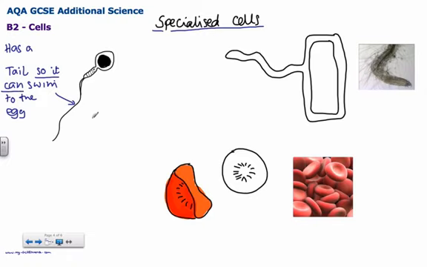Now this is a question you might see on a slightly higher demand paper, or a slightly higher demand section of the paper, and that's to do with this area here. Inside there are lots of sausage-shaped structures, and those are mitochondria, which we talked about before. How would you describe the structure of this versus the job that it has to do?